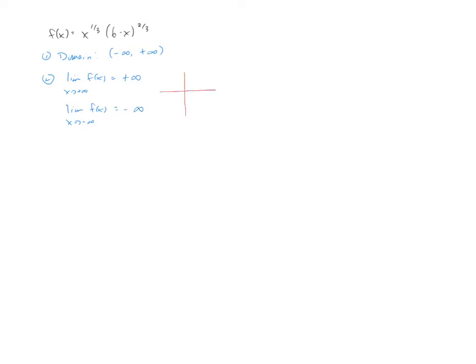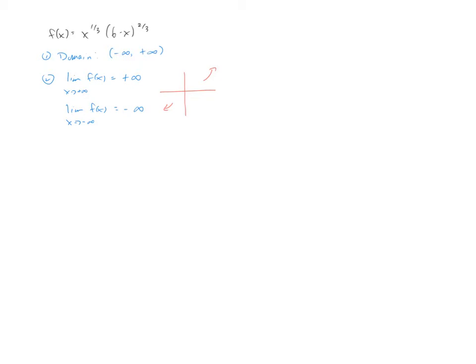So now that's going to give my graph a starting value here where it might look like this, and an ending value here where it might look like this, right? As x goes to positive infinity, we want to go to positive infinity. If we go to negative infinity, we want to end at negative infinity. The rest of the problem is going to be us figuring out what happens in between. Okay, so those are the limits, the end behavior that I'll be looking for.